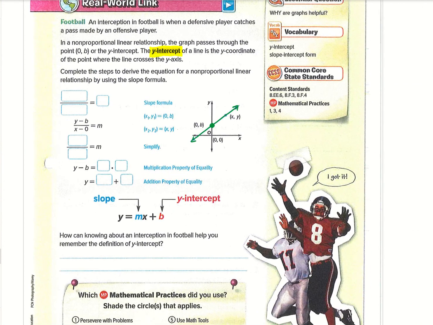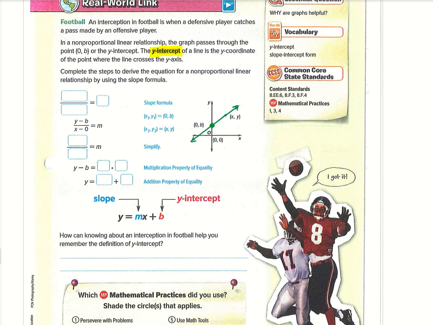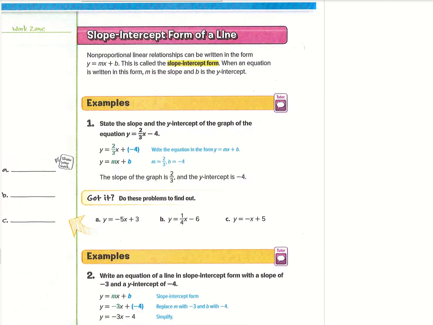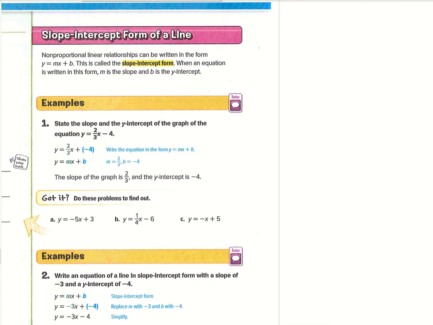That is pretty much it for that part, and we're going to go ahead and move on. Like I said, this is the same as what we did in 3.3 with y equals mx, but now we're adding a new part to it.